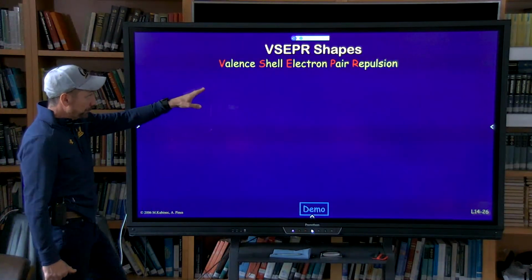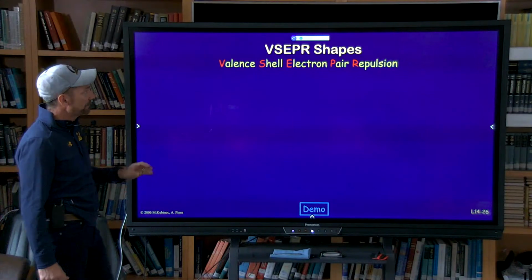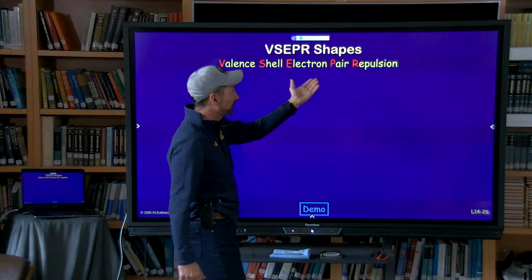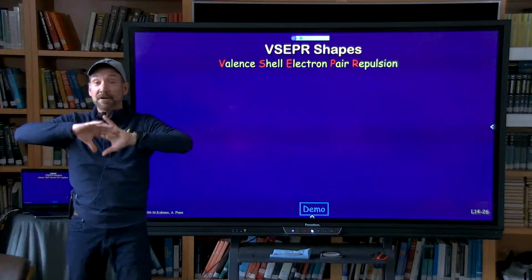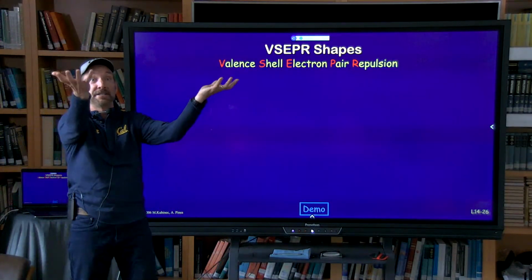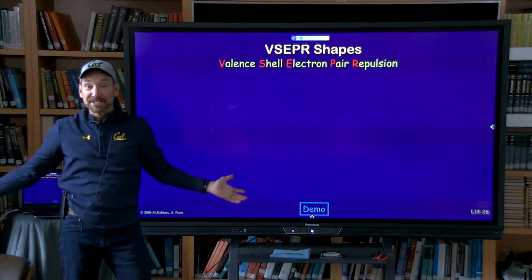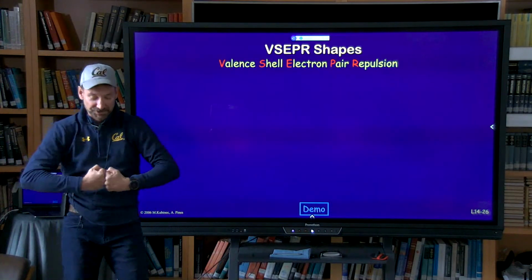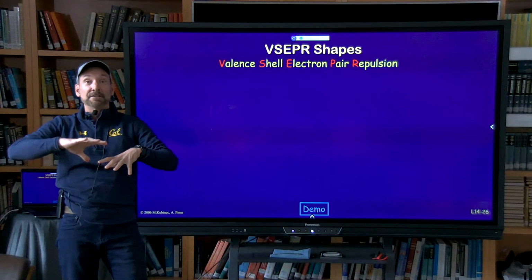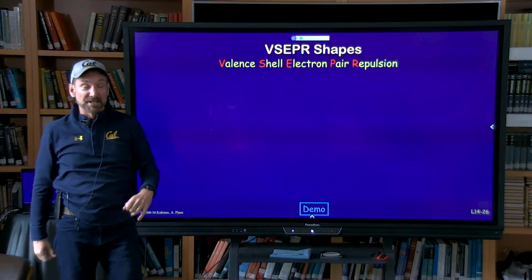So this gives rise to something we call the valence shell electron pair repulsion theory, that says all these valence shells, all these bonded and lone pairs, just try to get as far away from each other as they can in space. They're stuck around the central atom, but they still have to distribute themselves in space.